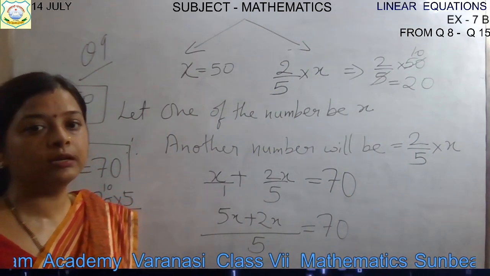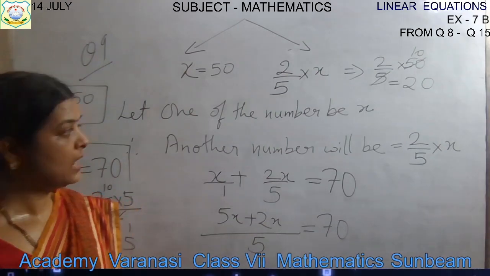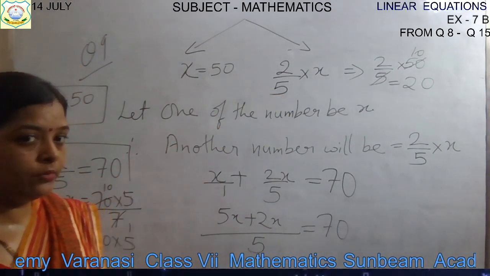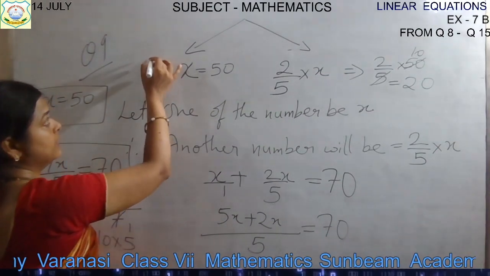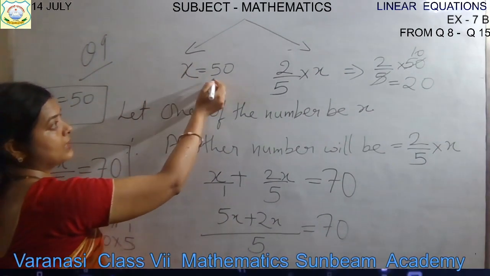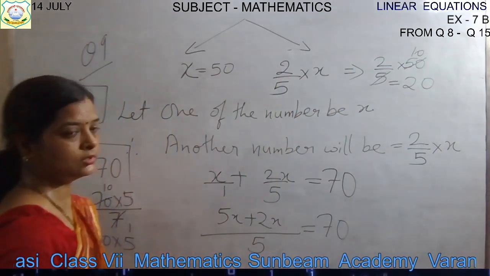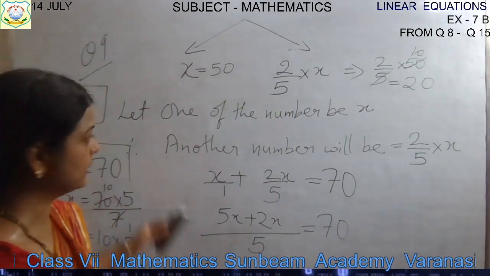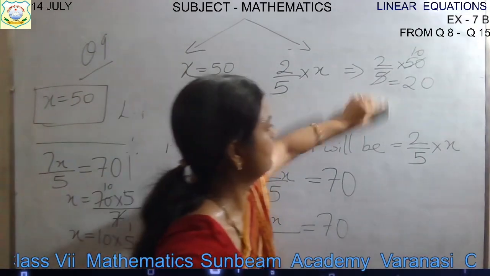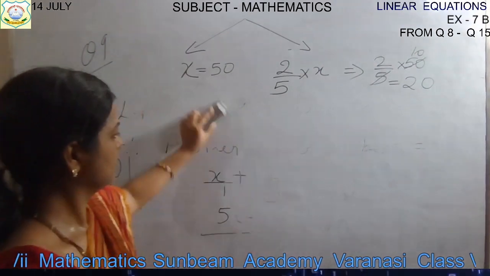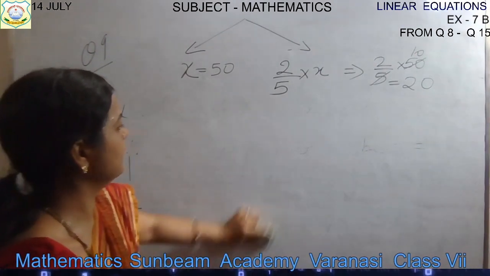This you have to write down in statement form, children. After completing these two, you will write down in statement form. First one number, that is x is equal to 50. Another number, that is 2 by 5 of x. Let's see how to write it. After finding both the numbers, in the answer, what will you write?